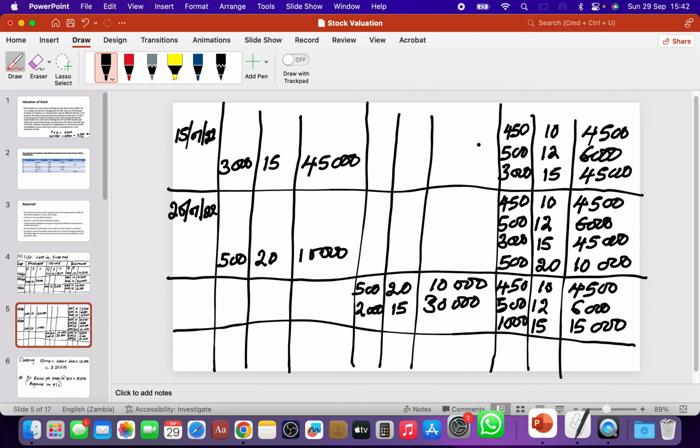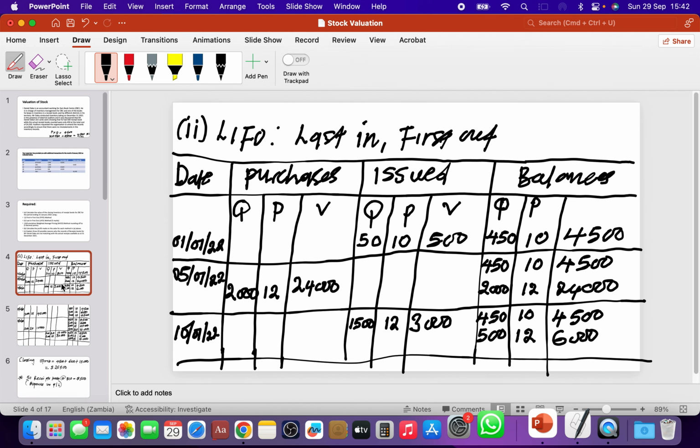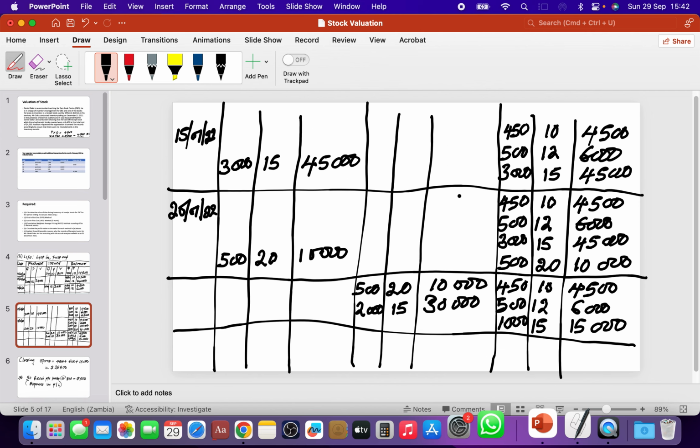So I'll check what stock I had before this date. Before the 15th of January, the stock I have is a batch of 450 at $10, 500 at $12.